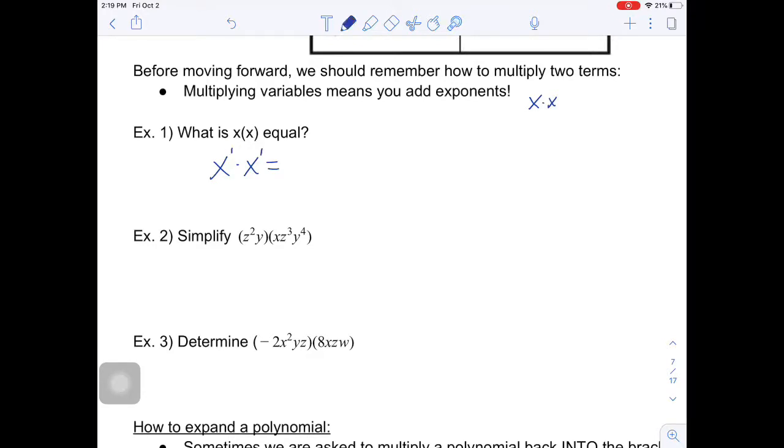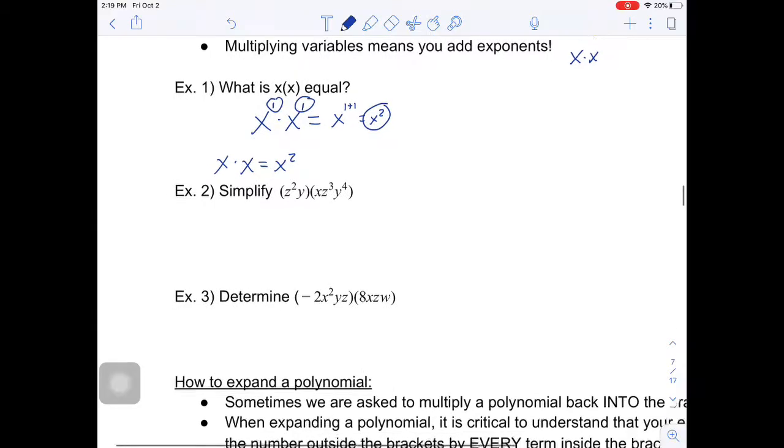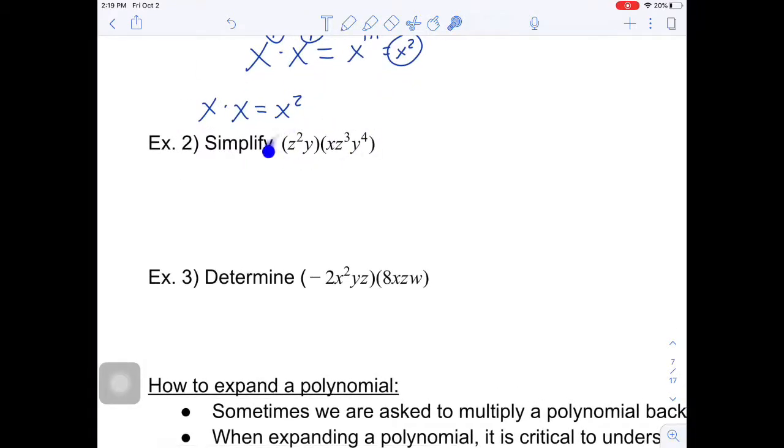So these little exponents we're just going to add. So this will turn into x to the power of 1 plus 1, which is x squared. Okay, and you guys probably know that x times x equals x squared, but it's because you're actually adding the exponents. So here, let's simplify this. Remember, everything in here is multiplying, so we can move things around within the multiplication.